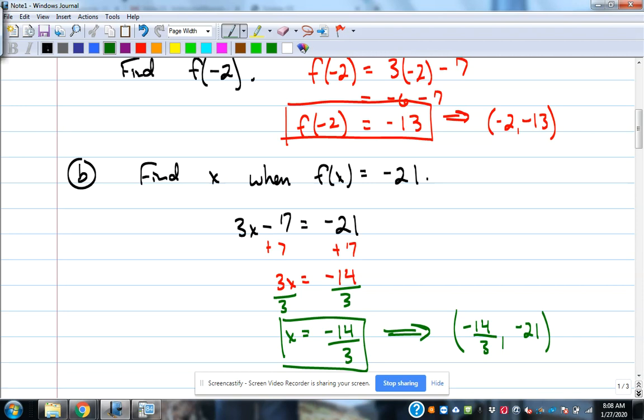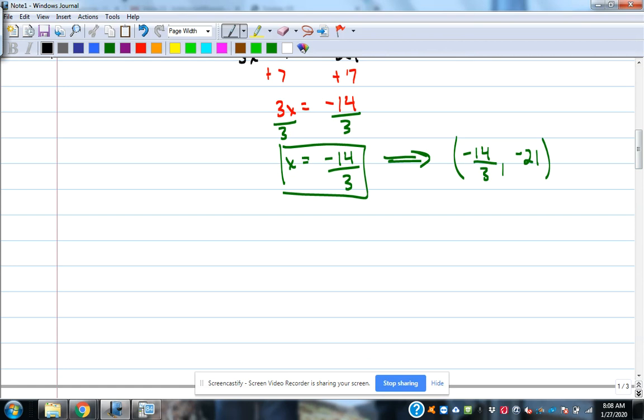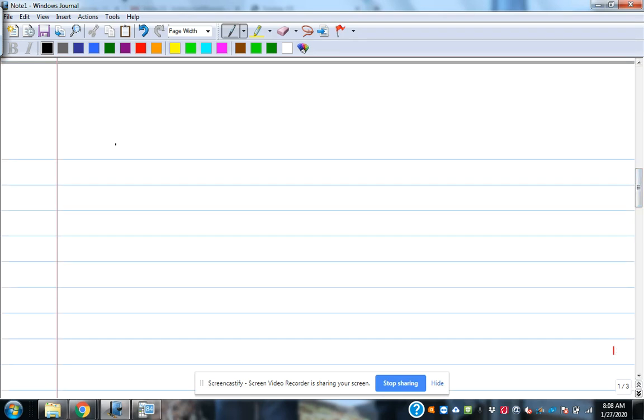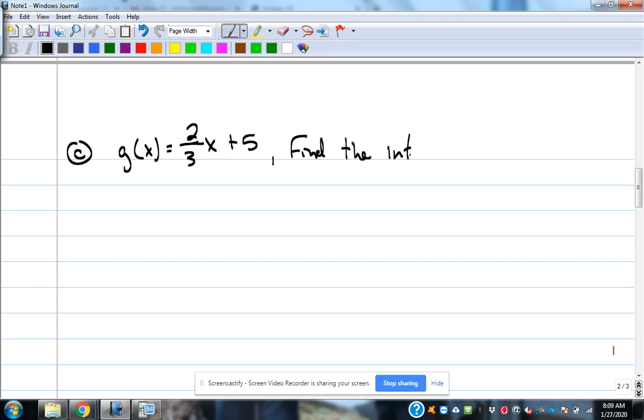All right. Next idea. Intercepts. So let's say we have g of x equals 2/3 x plus 5, and they want us to find the intercepts.